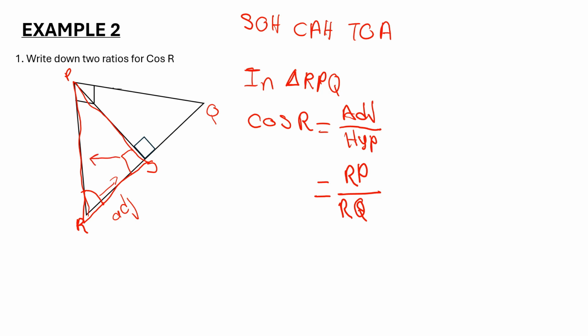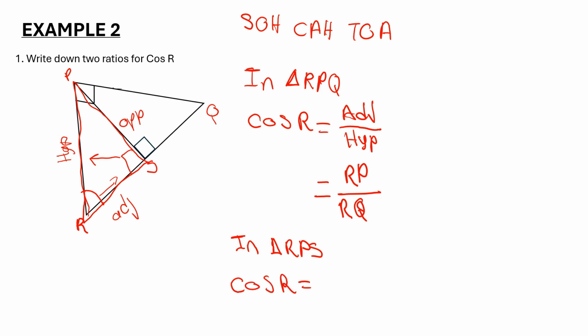And our 90 degrees corner faces our hypotenuse, like that. And the remaining side will be our opposite. So there you have it. In which triangle are we going to be working? In triangle R, P, S.